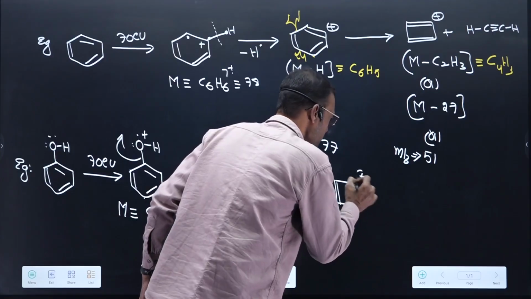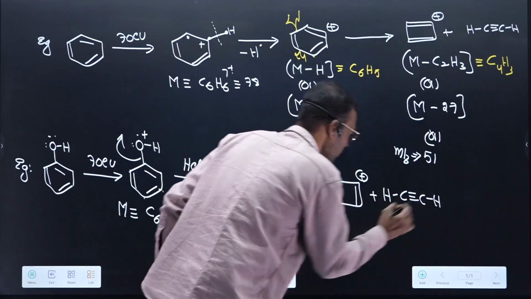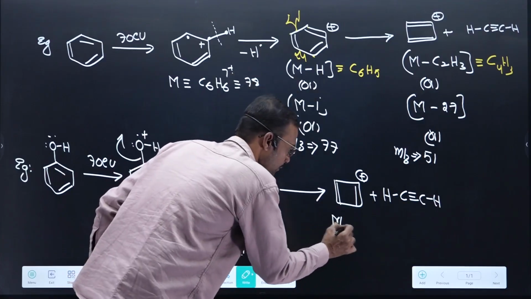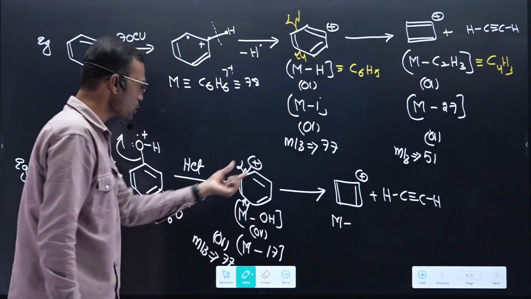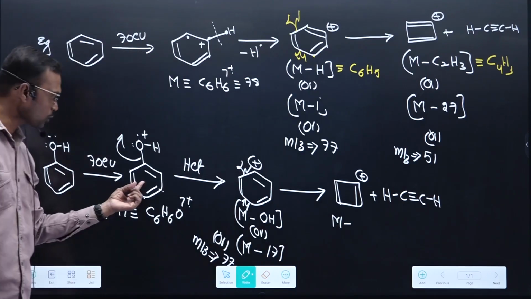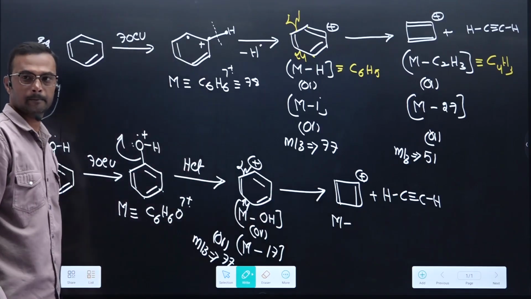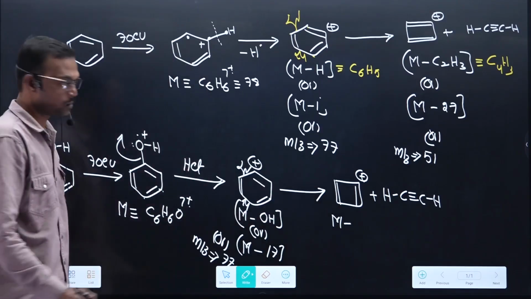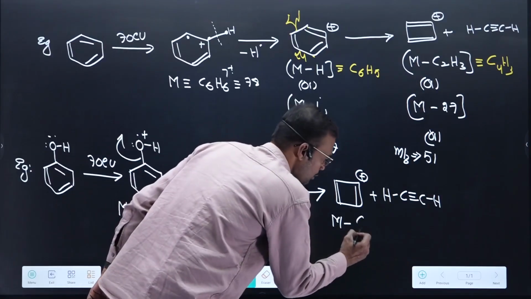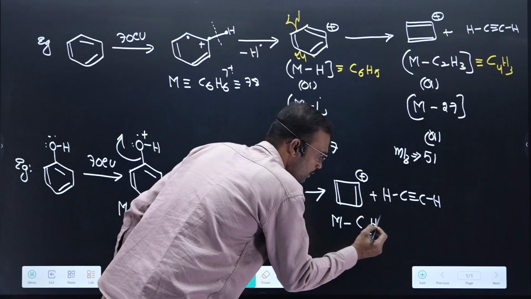See, this is plus, and what should I remove? Carbon, carbon, triple bond like this. Now the question is, M minus C. From the original molecule, which group should I remove for getting that one? C2, H2 or H3?